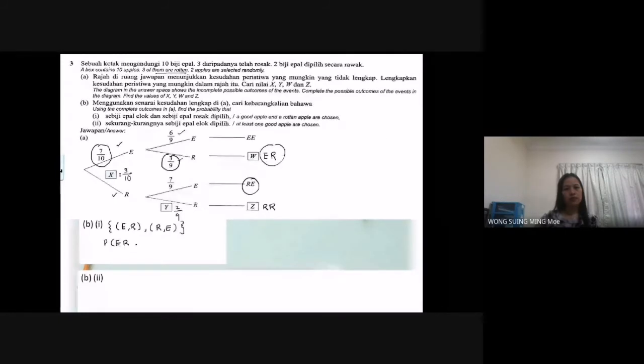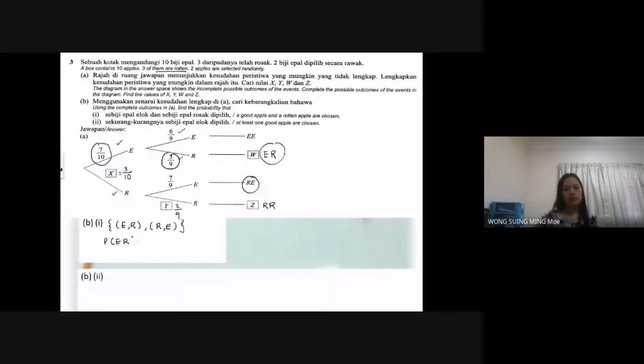To obtain a good apple and a rotten apple, or we also can have the probability of a rotten apple and a good apple.